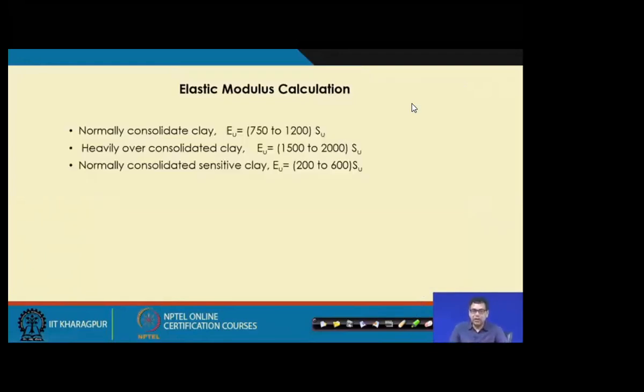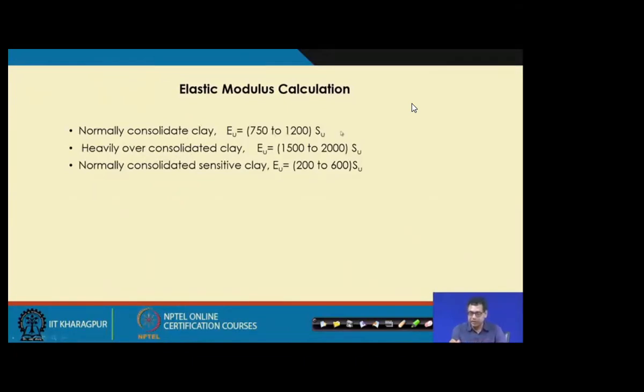And for the clay soil also we can use the undrained cohesion or the undrained strength of the soil, Su. So, for the normally consolidated clay you will get the elastic modulus E, and for the over consolidated clay. I have discussed what is normally consolidated and what is over consolidated, and for the sensitive clay, generally we will concentrate on these two, over consolidated and normally consolidated, or heavily over consolidated and normally consolidated.